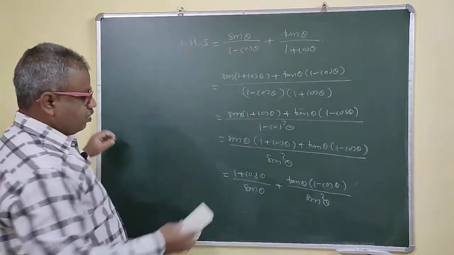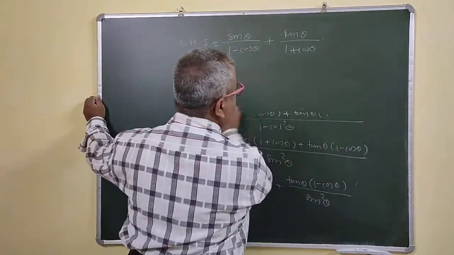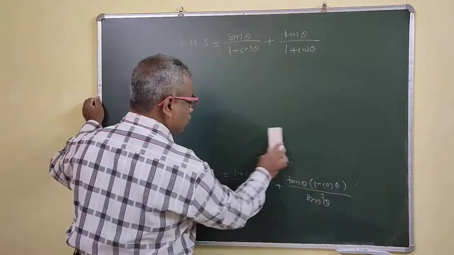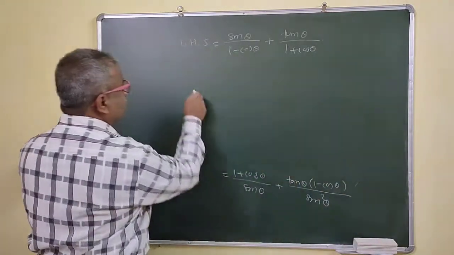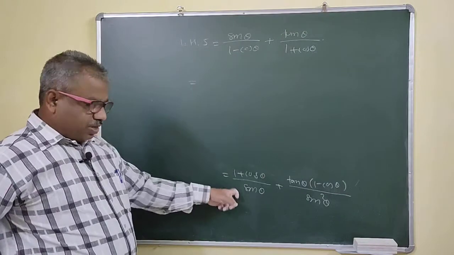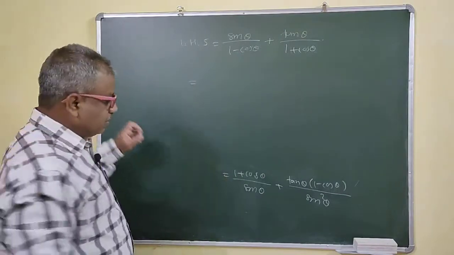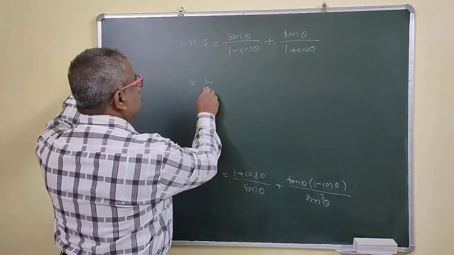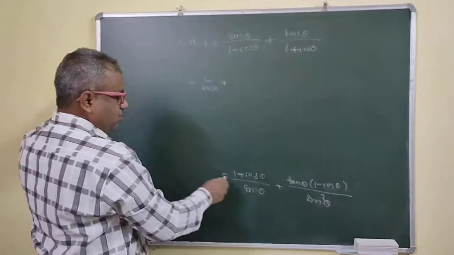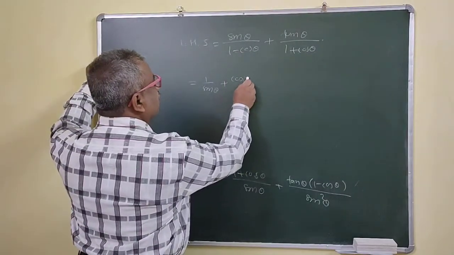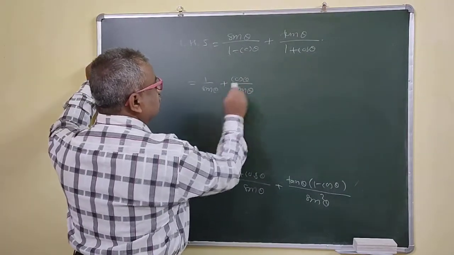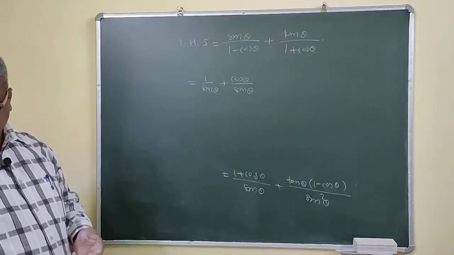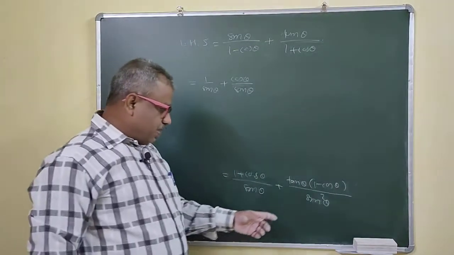Right? Okay. Go on simplifying that. So 1 upon sin theta, plus cos theta upon sin theta. Right?